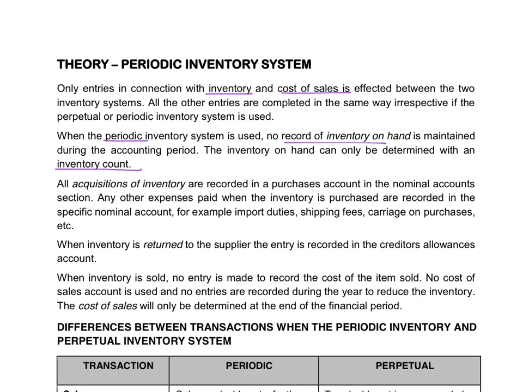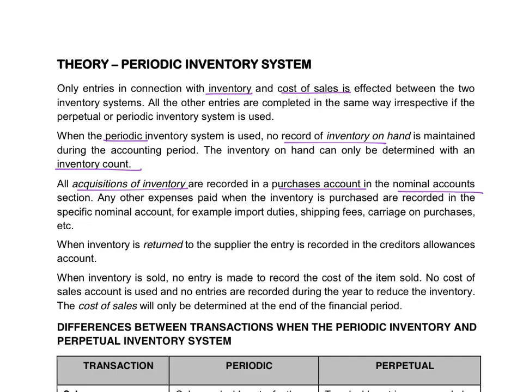All acquisitions of inventory are recorded in the purchases account. So in the perpetual system, you record inventory when you buy it in the inventory account. When you use the periodic system, you record it in the purchases account, and the purchases account is in the nominal account section because it is an expense.